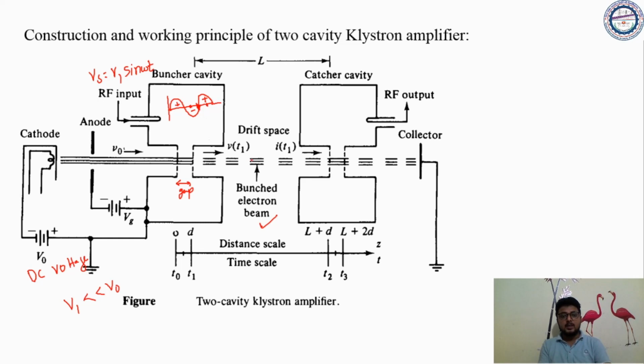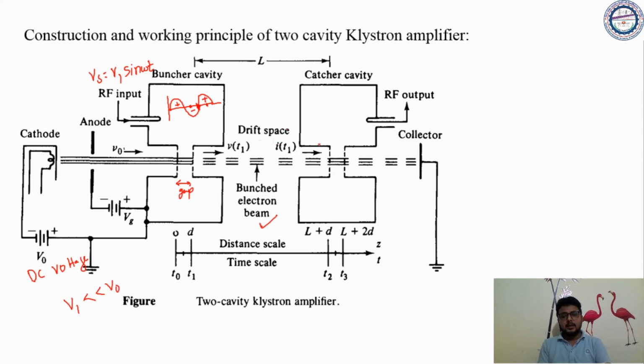So in the drift space, all these electrons in one cycle will make a bunch, and this bunching process occurs in the drift space. This bunched electron travels to the catcher cavity and reaches it. The catcher cavity catches the energy from the bunched electrons.